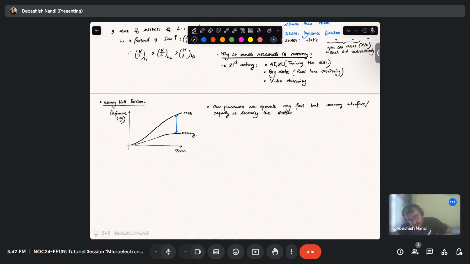Okay, so that is a cause of concern for which a huge boom in the research in these memory devices has been going on.